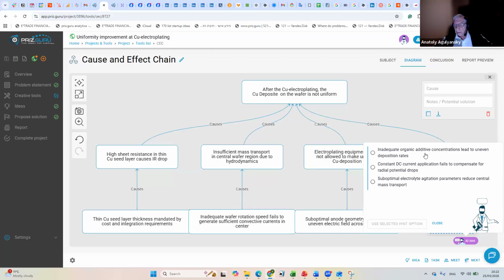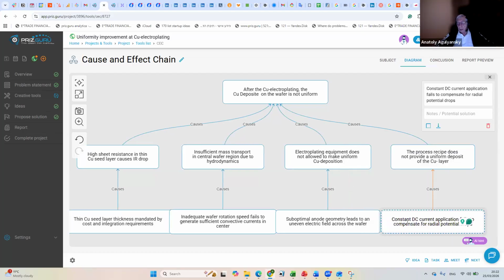Okay, inadequate organic. Let's pick up this. So we separated some directions. We learned something. We even documented one idea. Let's go to the next tool.